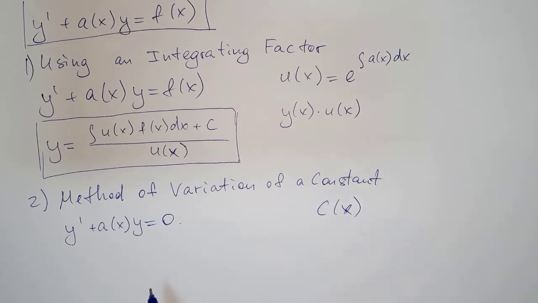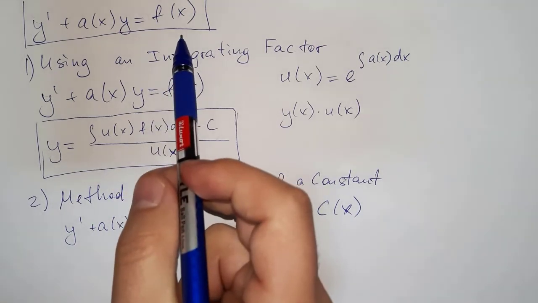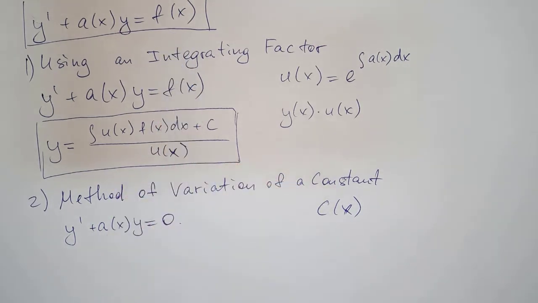After finding this solution of the homogeneous equation, and by substituting this solution into the non-homogeneous differential equation with f(x), we can determine the function c(x). And of course, the two methods lead to the same solution.